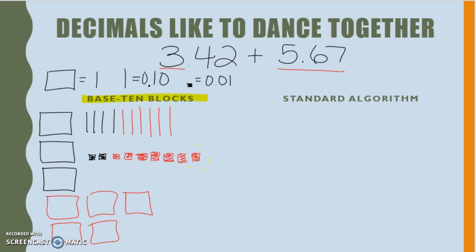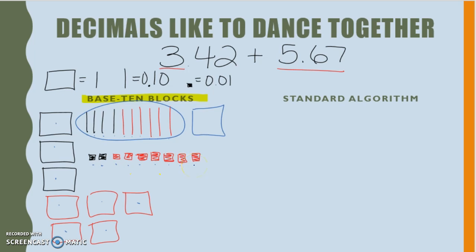Now I need to group these so I can add them together. Here's 1, 2, 3, 4, 5, 6, 7, 8. And then 1, 2, 3, 4, 5, 6, 7, 8, 9, 10. This now turns into a flat. 1, 2, 3, 4, 5, 6, 7, 8, 9.